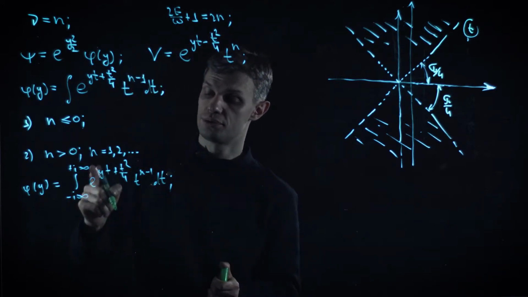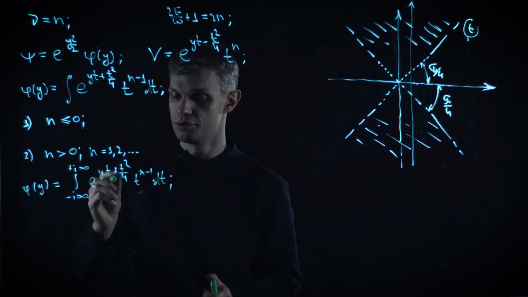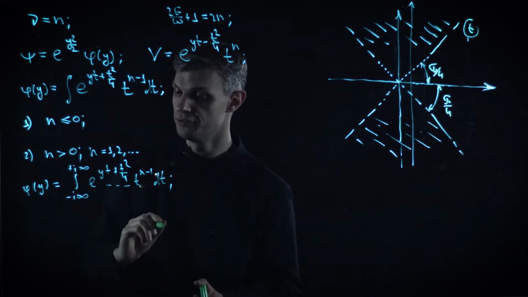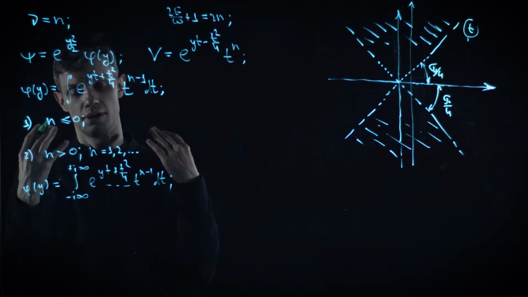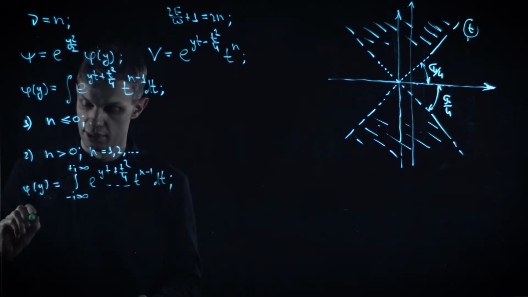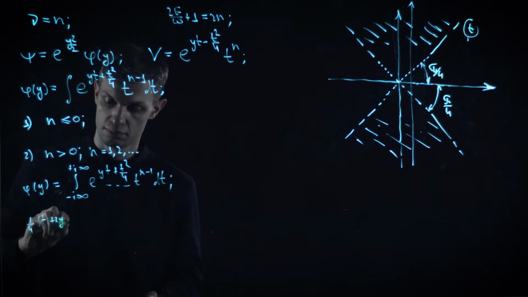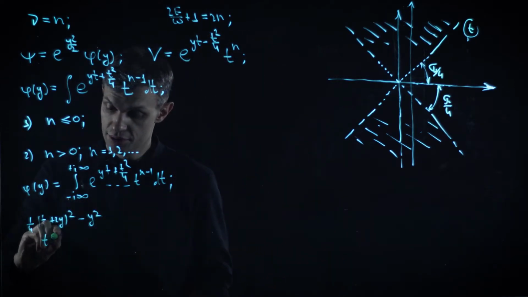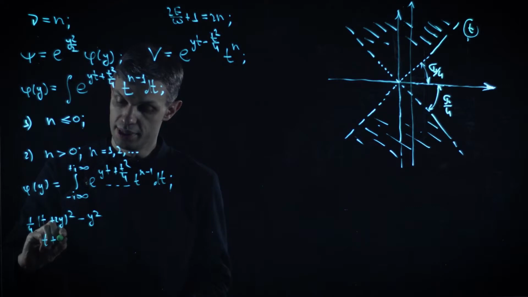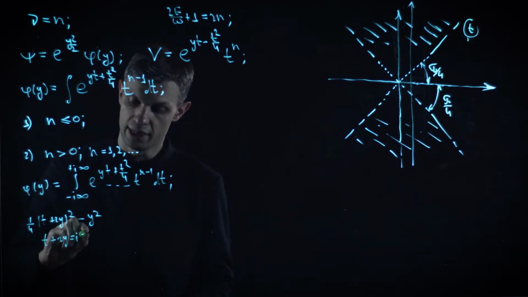Now we may switch to a more suitable integration variable. Namely, looking at the exponent function, as usual, we can detach a full square. And let's make a suitable change: t plus 2y equals, say, is.